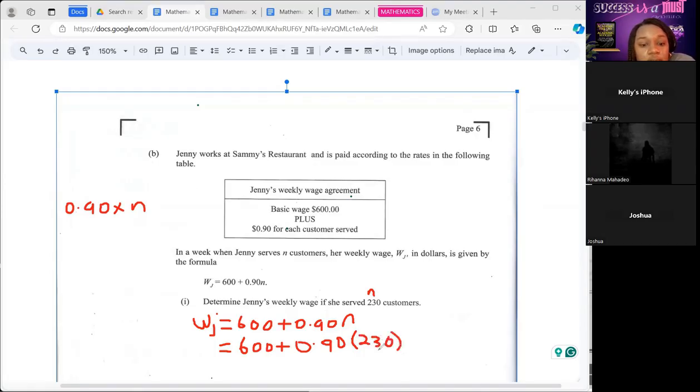So at this point, some of you all will do the wise thing and save time and go on your calculators, right? So you put 600 plus 0.90 multiplied by the 230, and you get the answer right there, which is $807.